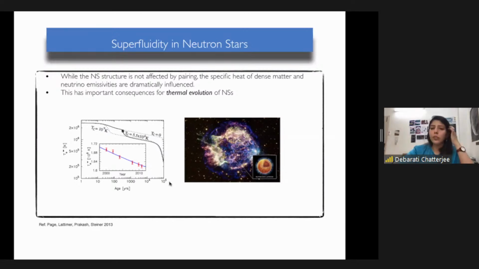When they were observing the Cassiopeia A pulsar, they found that this star was actually cooling slowly, following a standard cooling method, and then suddenly it started to cool very rapidly. It is thought that this is because of a superfluid phenomenon, which causes this sudden change in the temperature and in the thermal evolution. So this is also another way of looking for a signature of superfluidity in neutron stars.